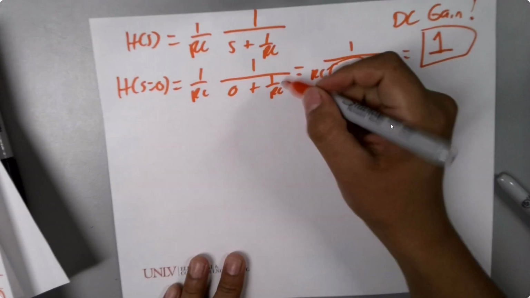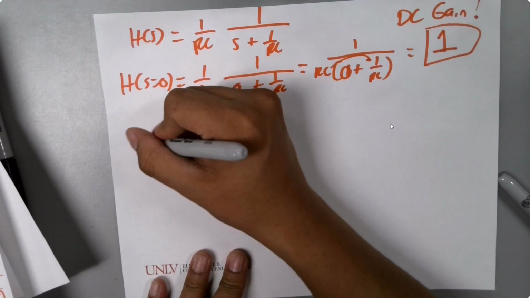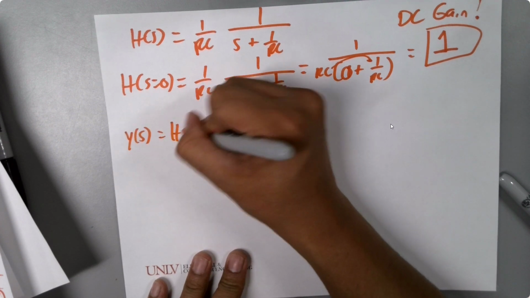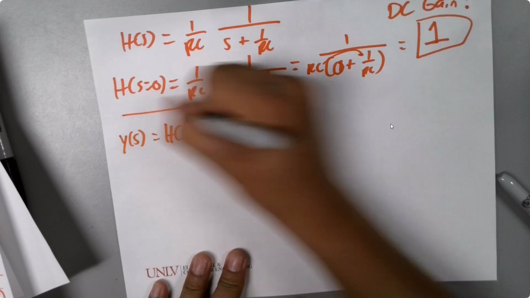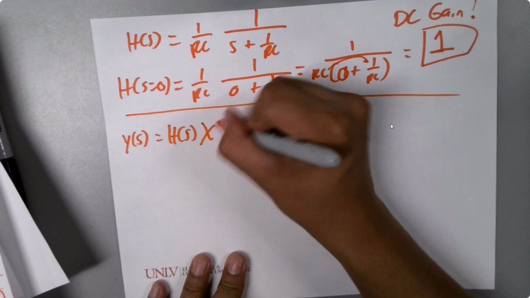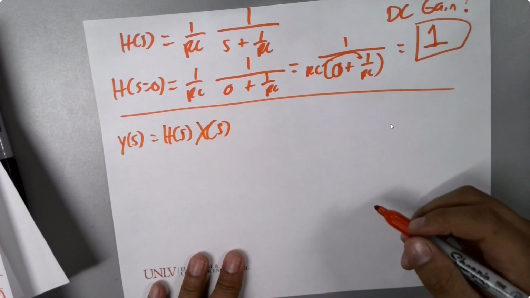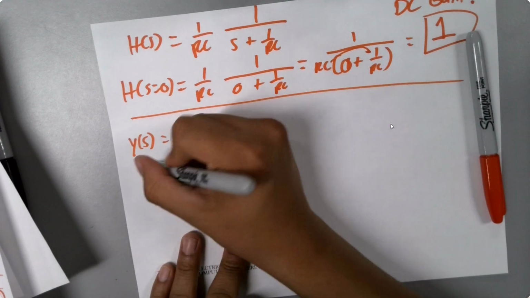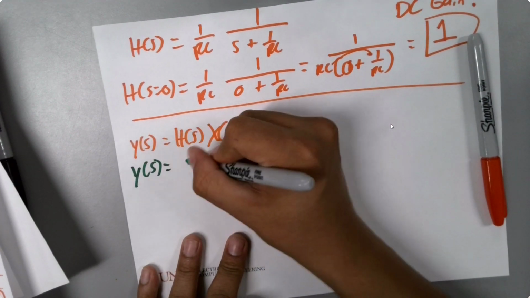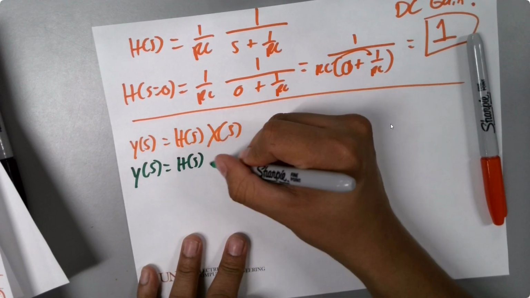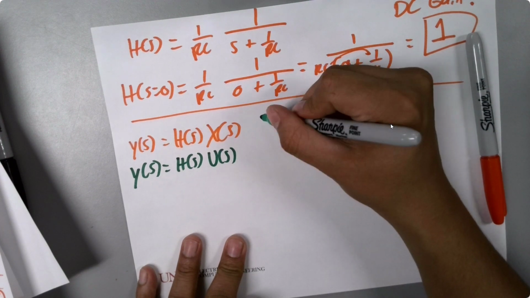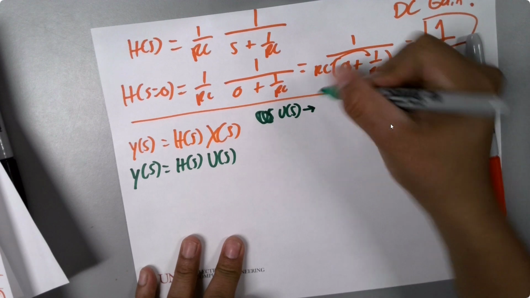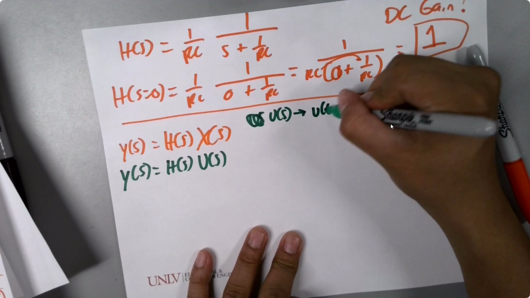So here's your system, right? Actually, Y of s is equal to H of s, X of s. Remember that, right? So how do we do a step response? H of s, U of s, where U of s converts to u of t.